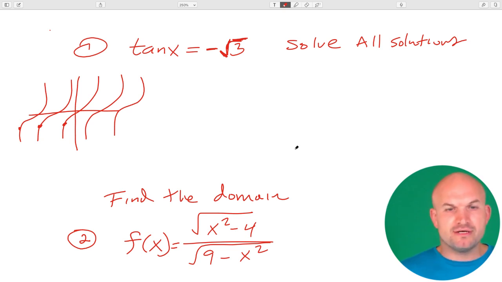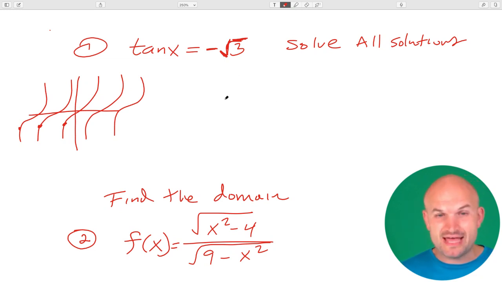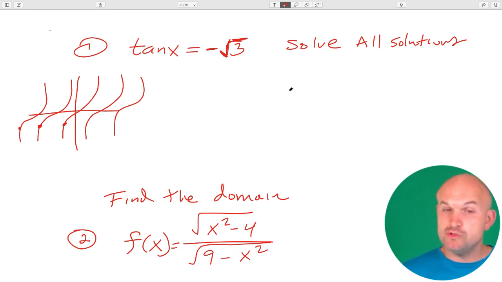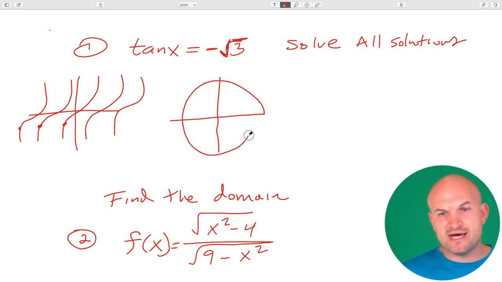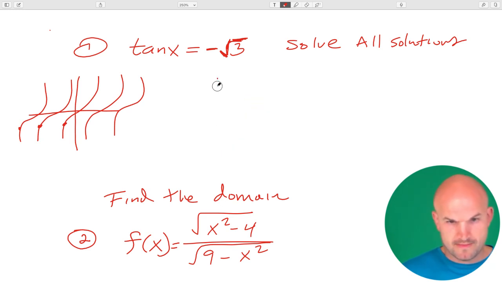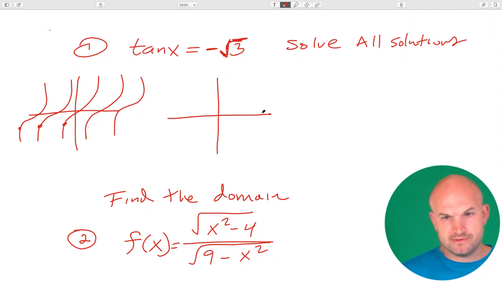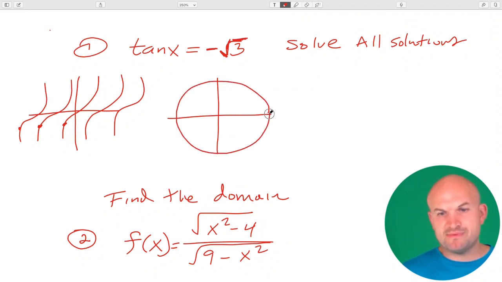However, if we're to understand where these solutions are, the graphical approach is not really going to help us, but what can help us is understanding our unit circle. The unit circle is represented by points that all have a radius of 1.